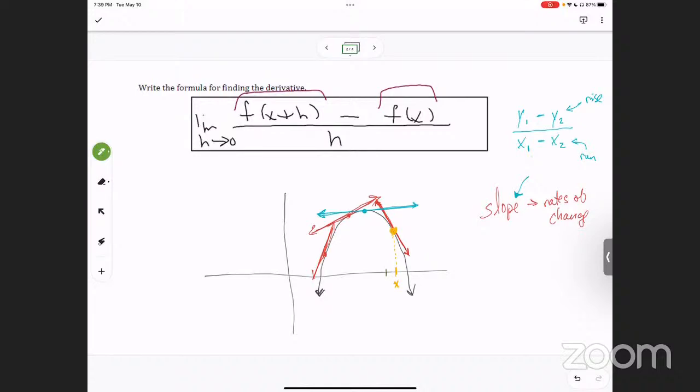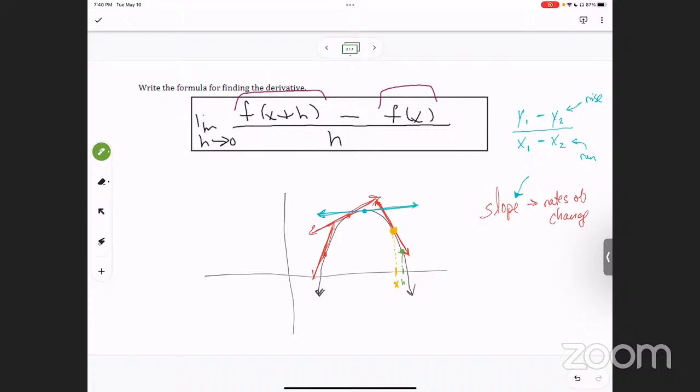Here's my h, and I'm taking f of x plus h. Well, actually, I should have written that on the other side. Here's my h right here. I'm taking this point right there. See how that's f of x plus h?